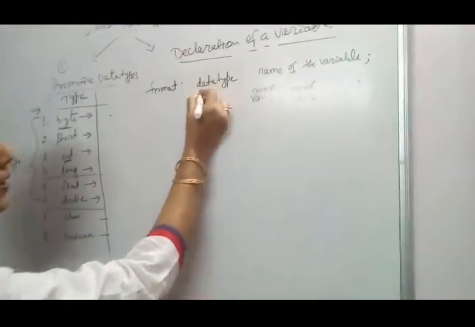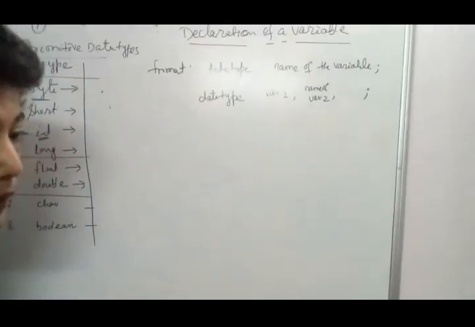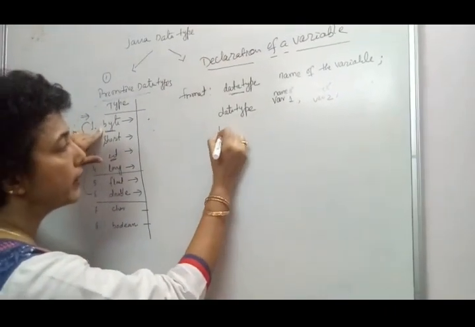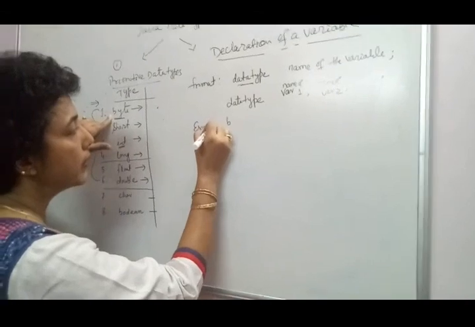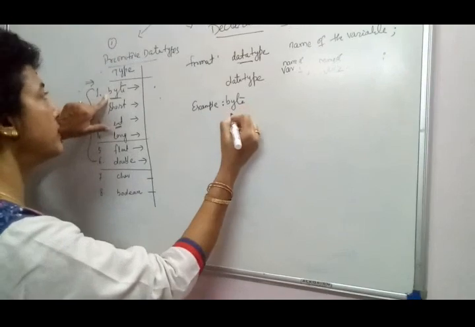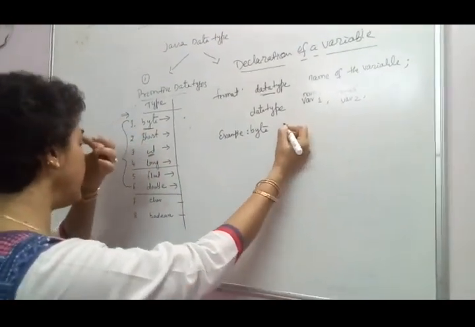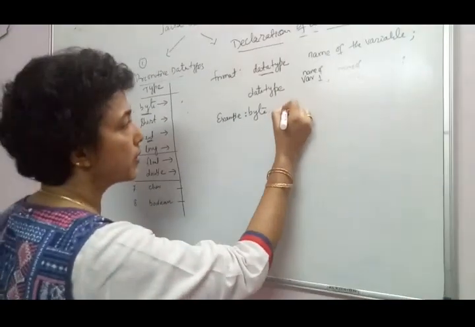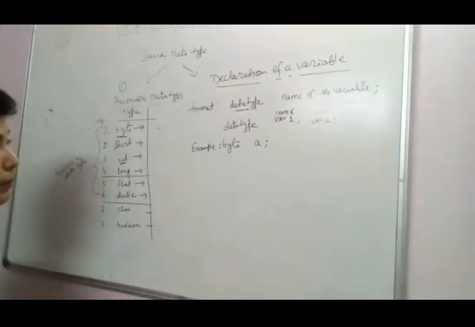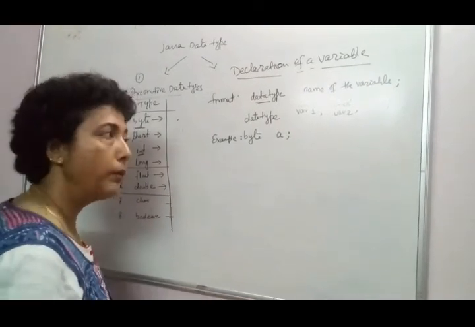Following the format, first comes the data type, so I will write byte, in lowercase. This is a keyword, so it has to be written in lowercase. Then the name of the variable can be any name given by the user, let us say A, semicolon.